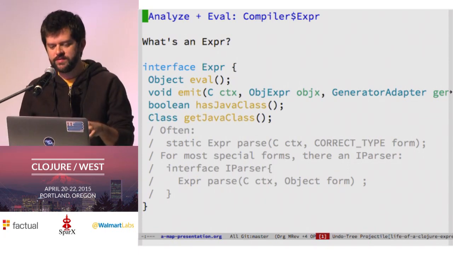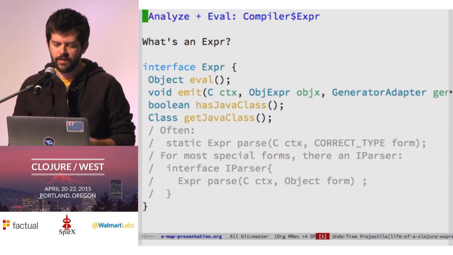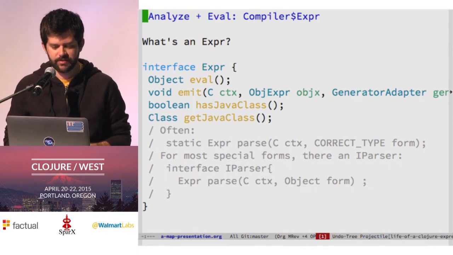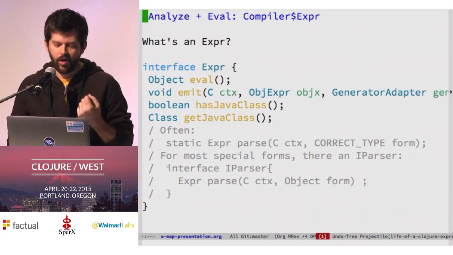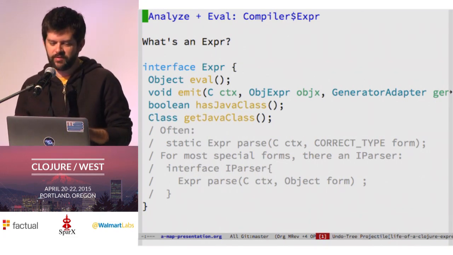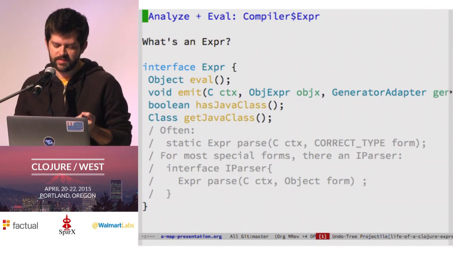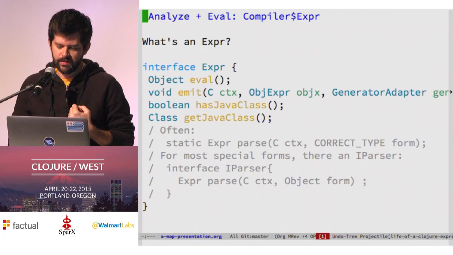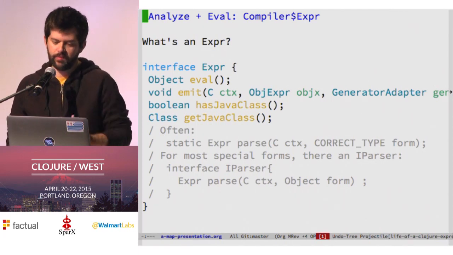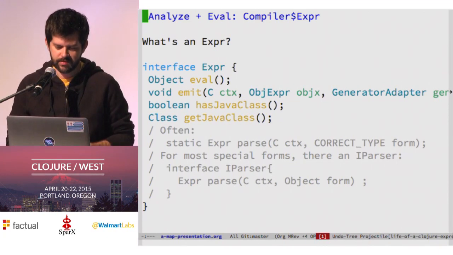And then it's got a couple methods about Java classes that the compiler can use to avoid reflection. Where you get exprs from is often, most expr implementations expose a static parse factory method that takes a form of the type that's appropriate for the type of expr. We'll see in a minute how that gets called.